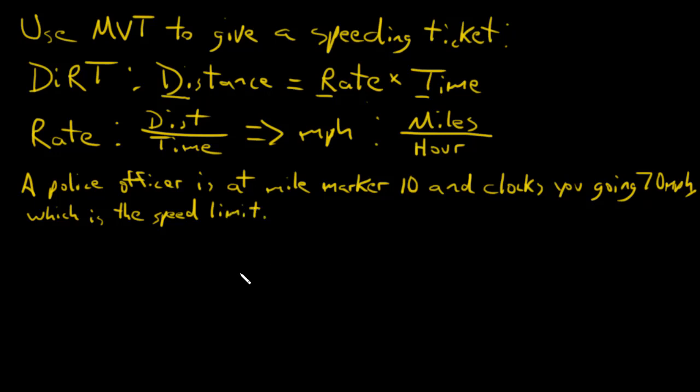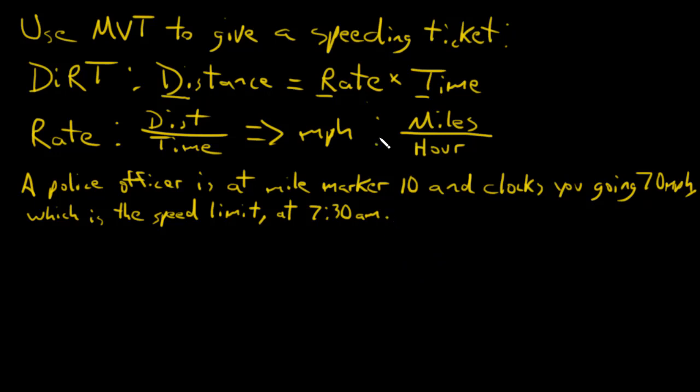Okay, now he clocks you at, I need to say this, the speed limit. He clocks you going 70 miles per hour at 7:30 a.m. You're trying to get to your 8 a.m. math class, we'll say. You're not going to make it, but that's okay.